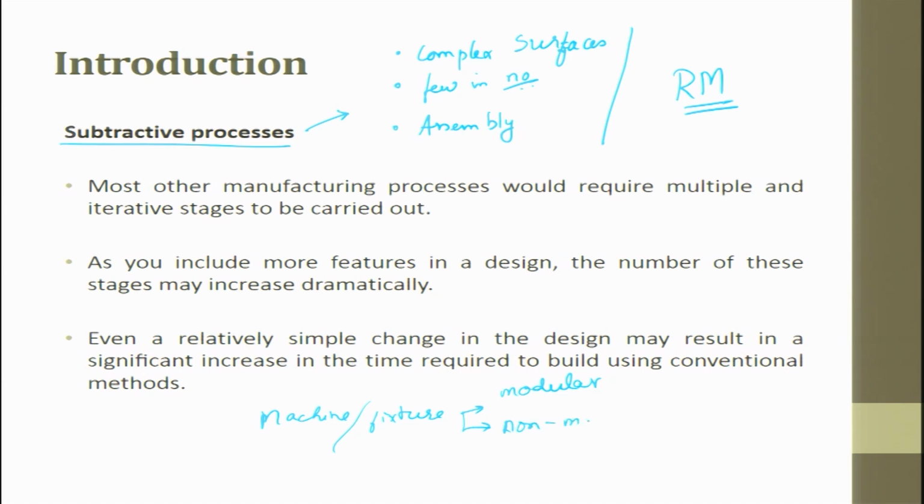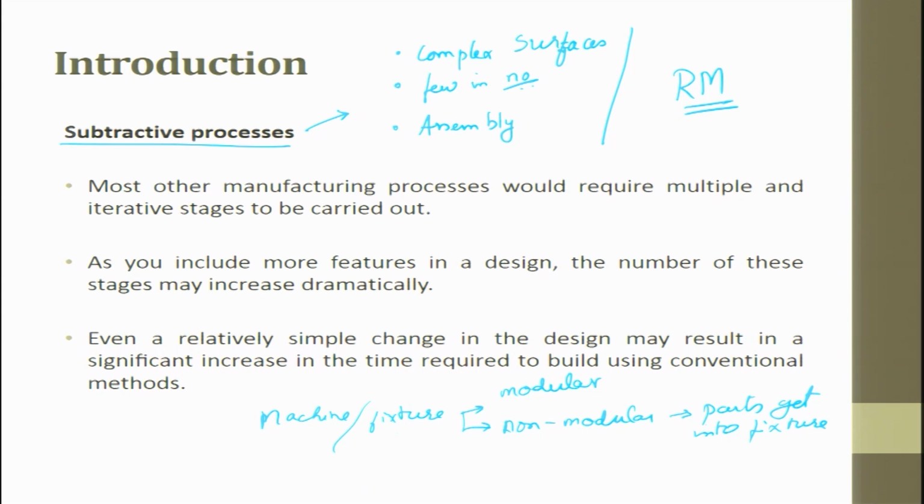So, you have to redo all the parts which get into the fixture. What is a fixture? A fixture is a device in which you hold the workpiece while doing a machining operation. Okay. And on top of it, there is also a jig, which guides the tool. When you make a small design change in the part, the guidance for the tool might also require a change. So, these things take a lot of time.